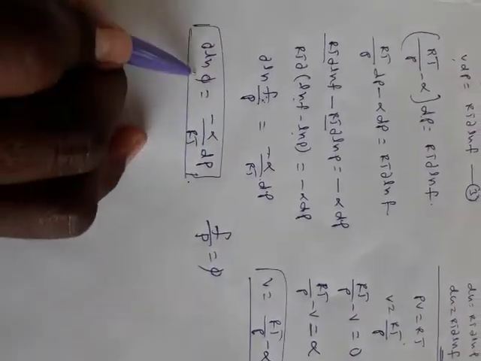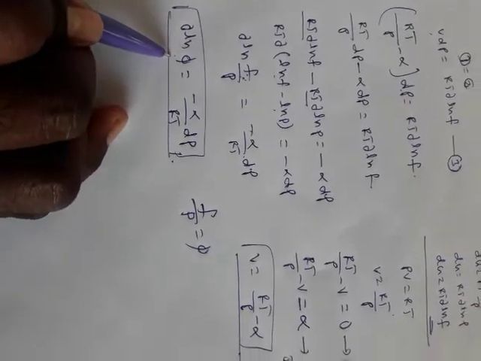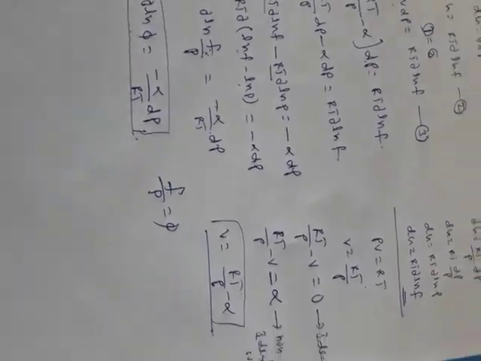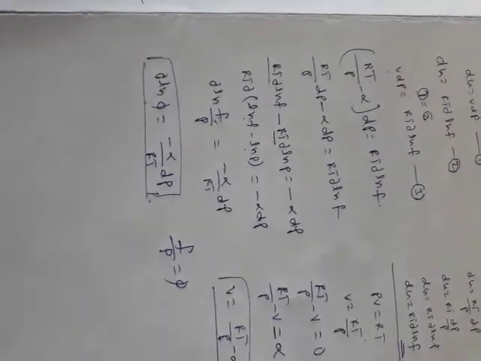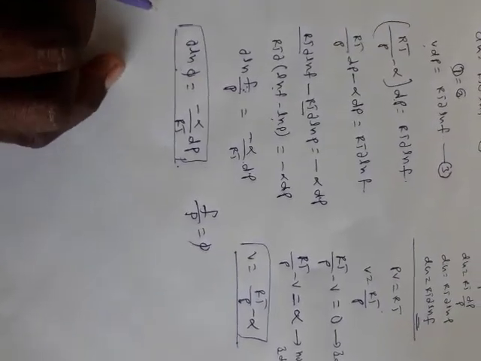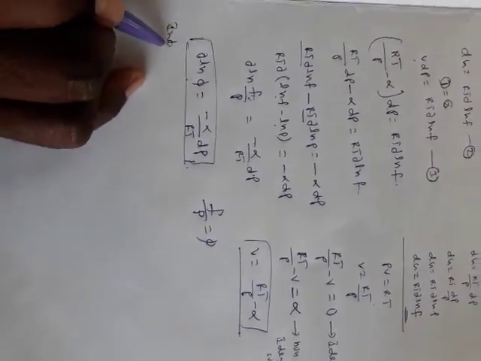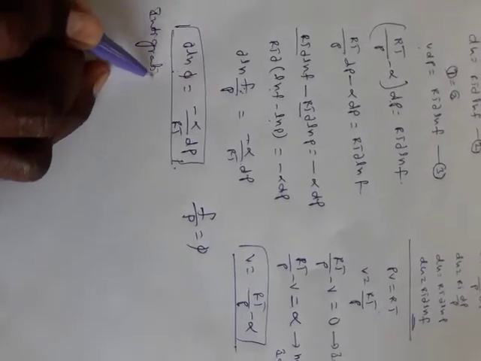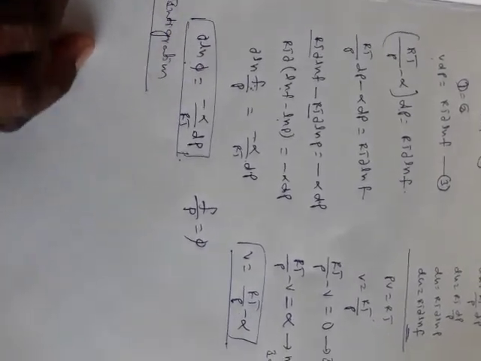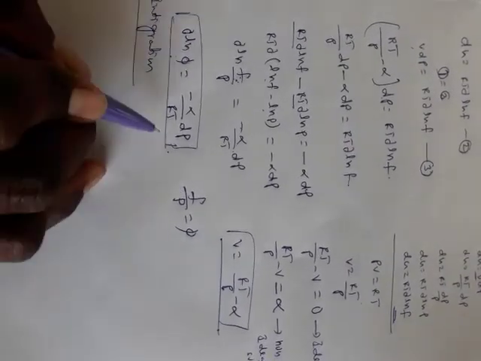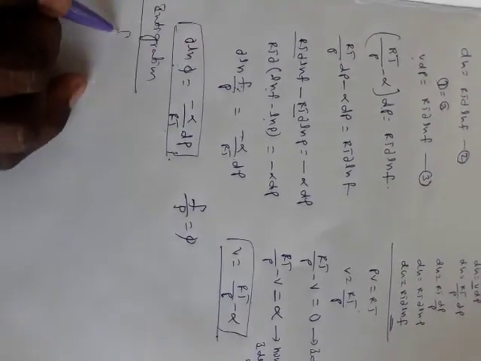We want not the fugacity coefficient, we want fugacity. That's why we take the integration of the above equation on both sides, with limits 0 to phi and 0 to pressure.